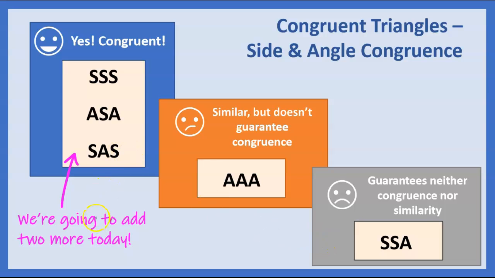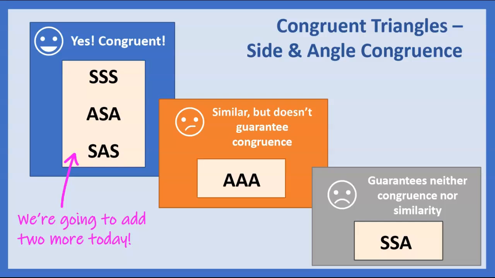Now we're going to add 2 more to the congruence rules today, and we could have done these as postulates before. We could have experimented with them, explored to see if there was any possible way of making 2 different triangles with these rules.